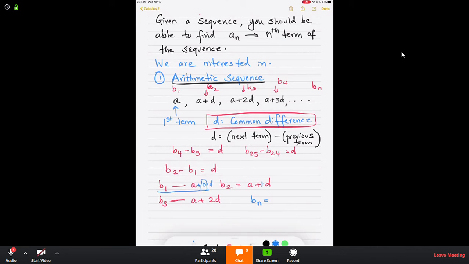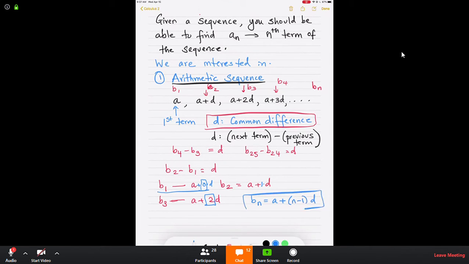If it is B3, it is a plus 2 times d. So if it is Bn, it's going to be a plus... Go on, correct yourself. You almost had it there. There we go: a plus n minus 1 times d.